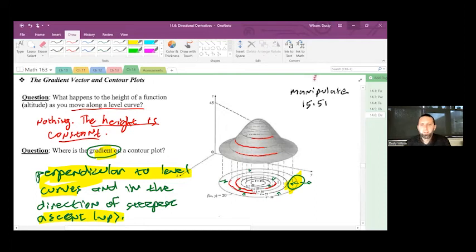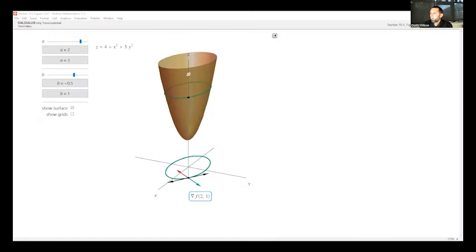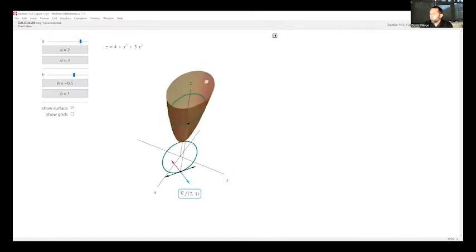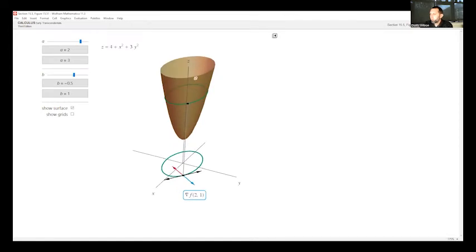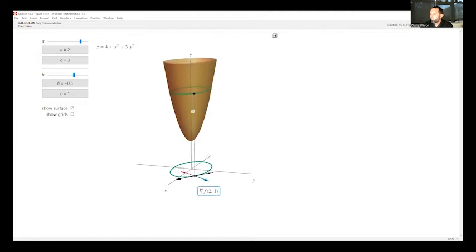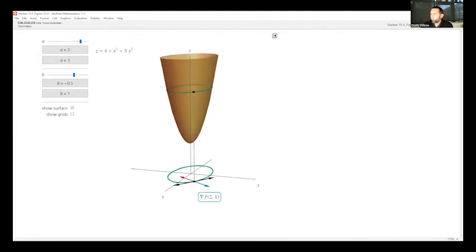All right, let's look at a manipulate to try to see this again. I want to remind you that the level curves live in 2 dimensions. So the surface is in 3 dimensions, the level curve is in 2 dimensions. It's down here, and corresponds to a place on the surface where everything is the same height.